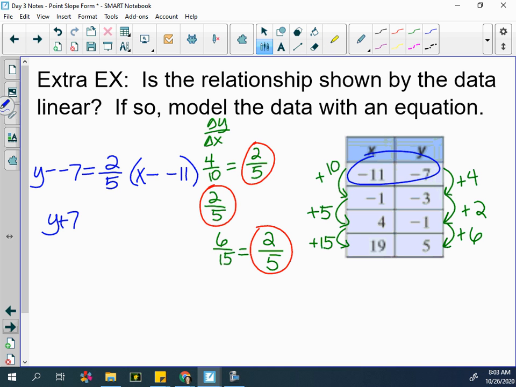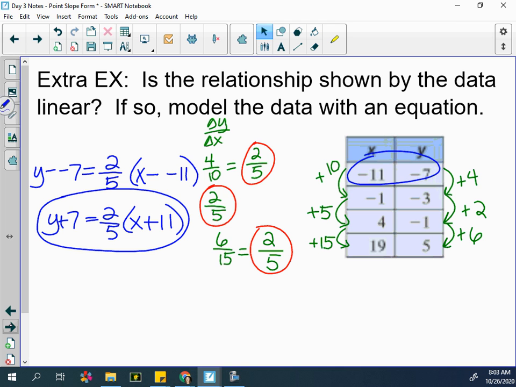So y plus 7 equals 2/5 times x plus 11. Again, that's just the first point; you can pick another one. On these last two, rather than me coming right out and saying here's the point and here's the slope, we calculated the slope and just grabbed one of the points. All right?